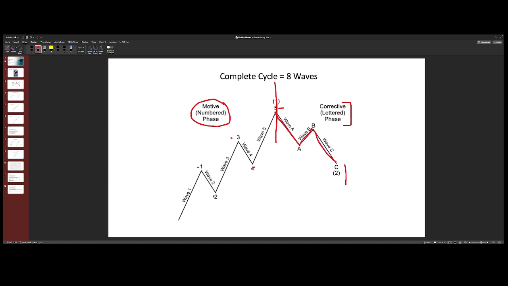In this video particularly, we'll be going over the types of motive waves, what information goes on in this section of the complete cycle, the motive phase.